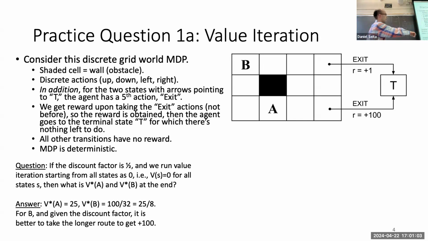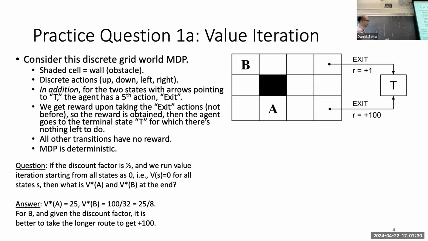So from A, it seems like the best thing to do is to go straight right to the exit. The agent is in A. It goes here. The reward that it gets is gamma 0 times 0.